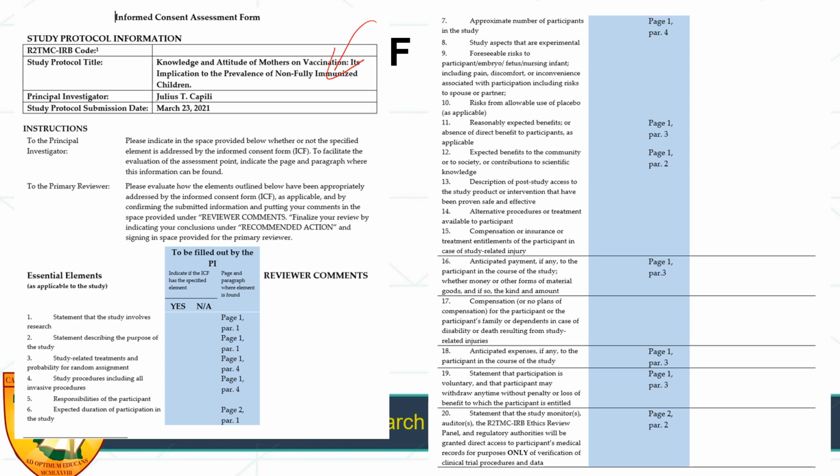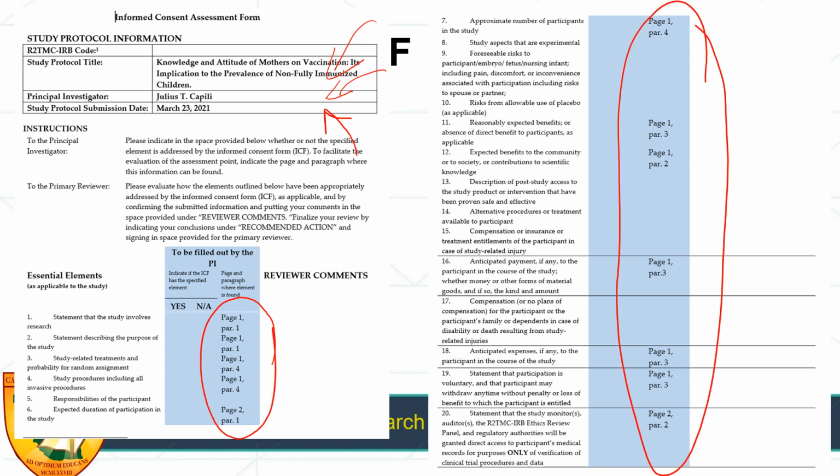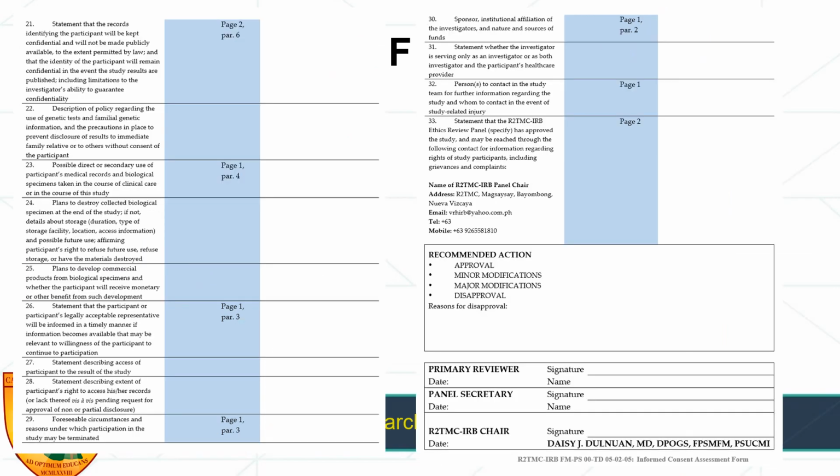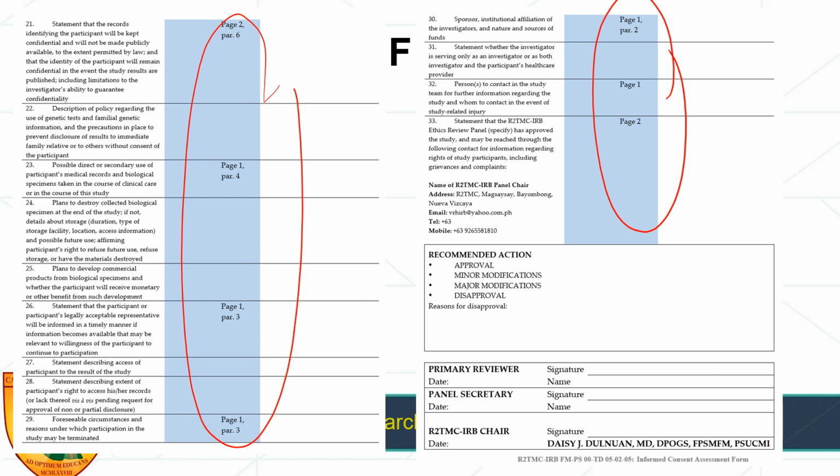You need to put the title, the investigator, the submission date, and you need to put the page numbers of your informed consent if they have all these essential elements that they are looking for. So these are the next pages. Again, if you don't have that in your research, then you need not put any page numbers.